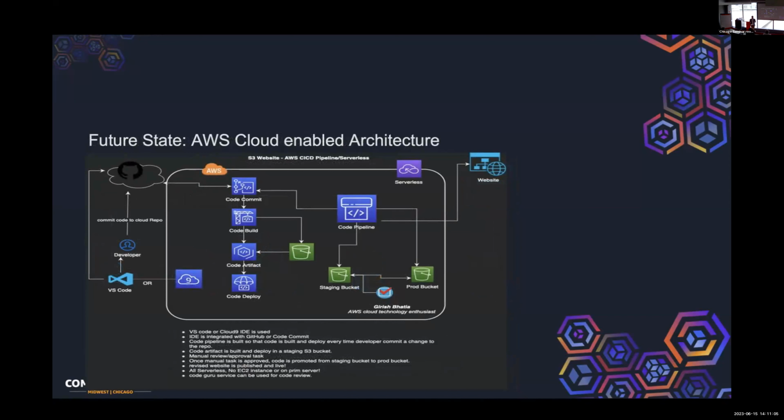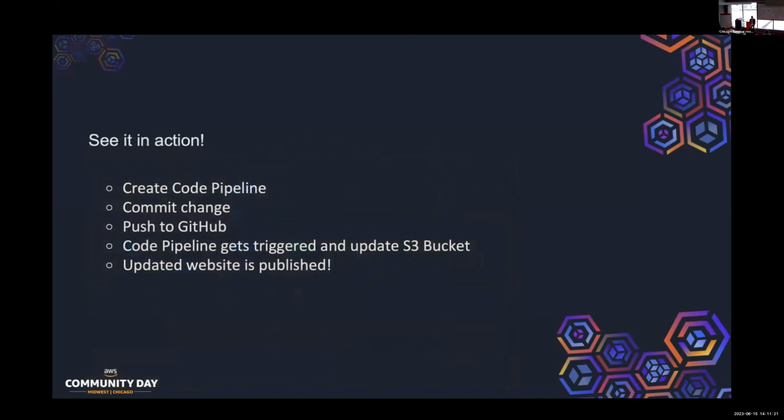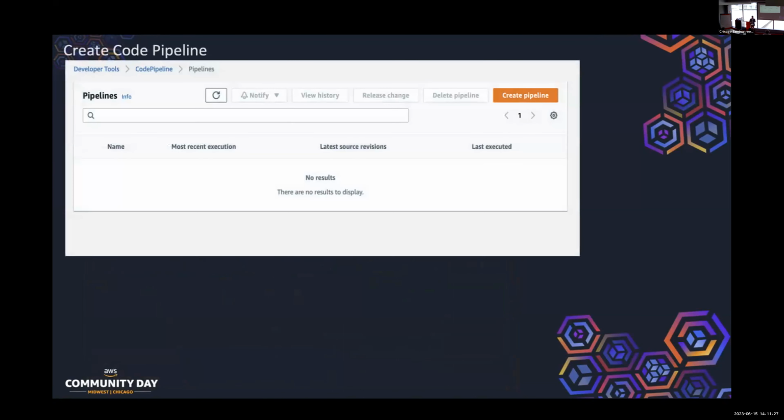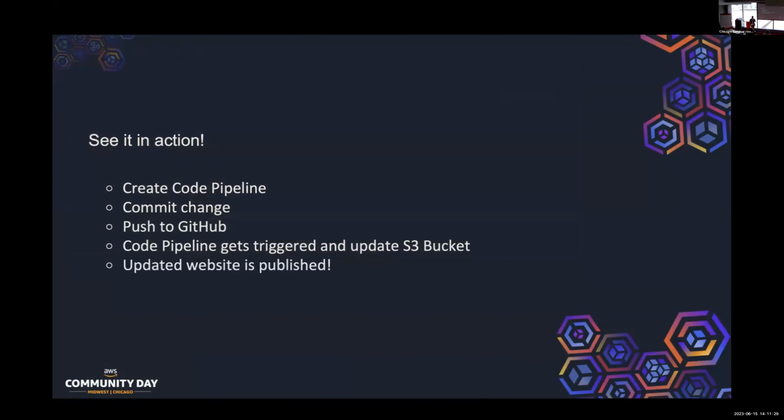With the AWS cloud, it's all cloud, right? You don't have physical infrastructure here. In this example, you have the static website, you have the CI/CD pipeline, and everything is managed for you. Pretty automated.